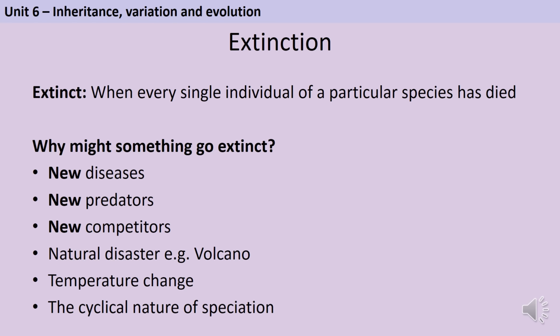This could happen because of a new disease, a new predator, and here we do include humans and hunting, a new competitor that's better at getting the food, a natural disaster like volcanoes, temperature change, which is particularly applicable if you're thinking about plants and their moving ranges, or insects that are not able to move their range as quickly as the plants that they feed on or pollinate, and also something called the cyclical nature of speciation, which basically means that over very, very long periods of time, one species ends up turning into a completely new species. And so the first species has effectively gone extinct because there are none of that old type of organism left.